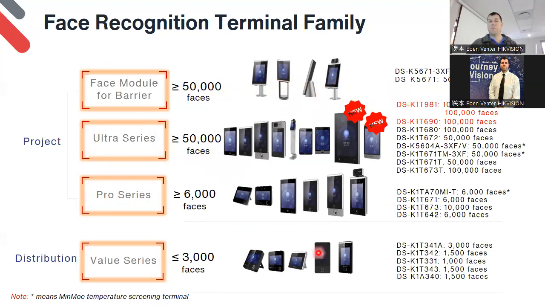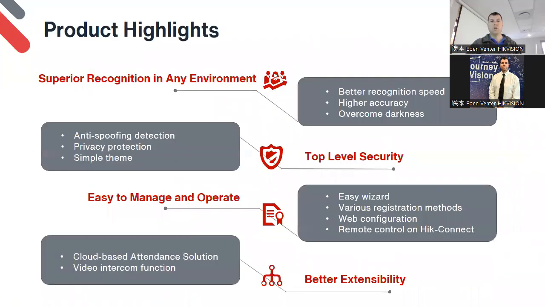And then the rest of them we are going to go through just now, that little family of terminals. We all know how that works nowadays. You don't want to touch anything because of COVID, so we're trying to avoid that. That's why we are focusing on the face area or the iris part itself. And you don't want to put in a PIN because any person can see your PIN, and that's not very secure.